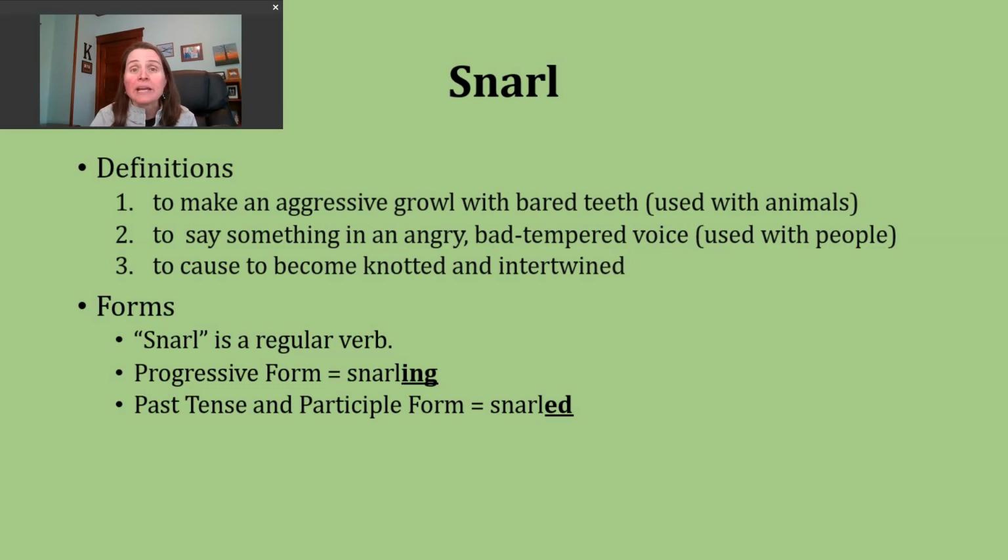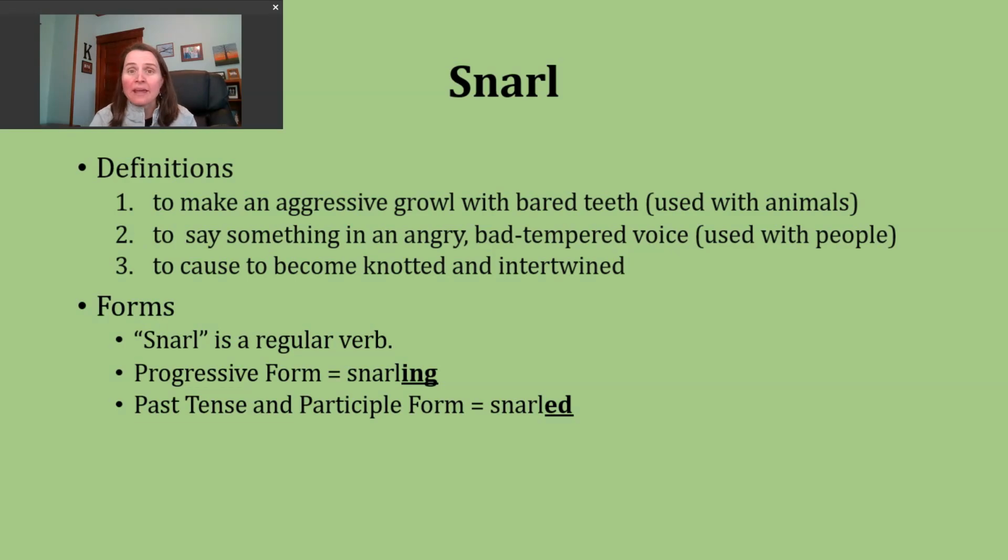A second way to use the verb snarl is going to be to describe an action that people would do, and that's to say something in a rather angry or a bad-tempered way. Again, it's not quite like we're growling, but again, kind of similar in that there's this negative energy that's being expressed.